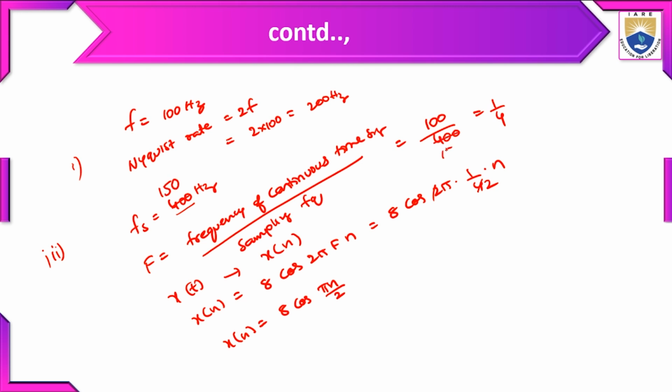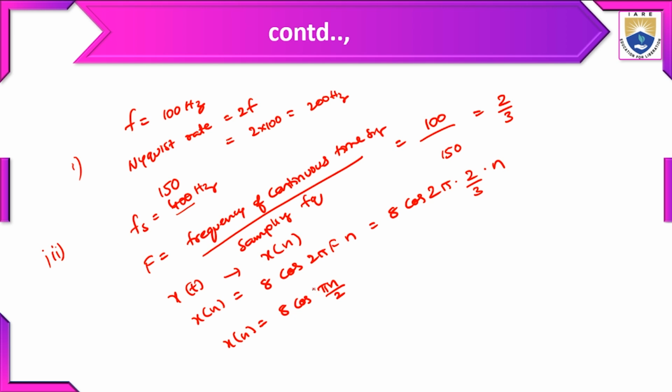So you get 100 by 150, which is 2 by 3, since 50 twos, 50 threes. Now you can substitute 2 by 3 in the place of f. Here the denominator is not going to cancel the numerator, so it is 4 pi n by 3.